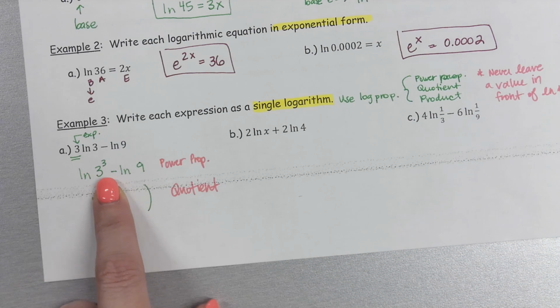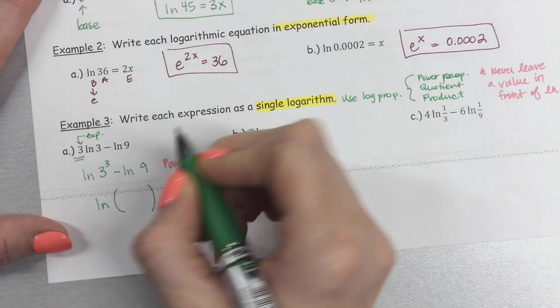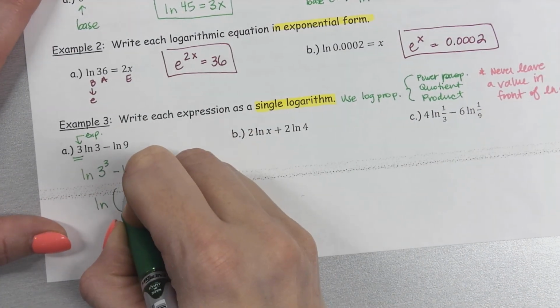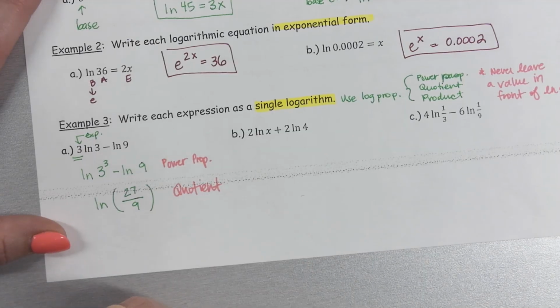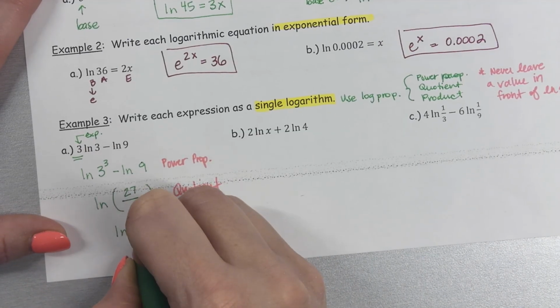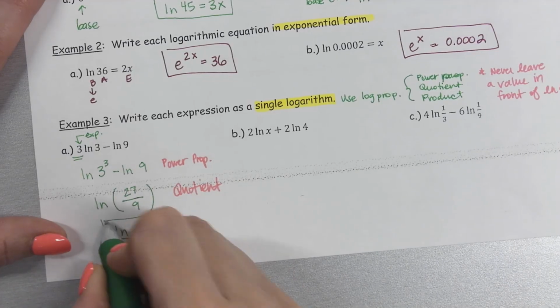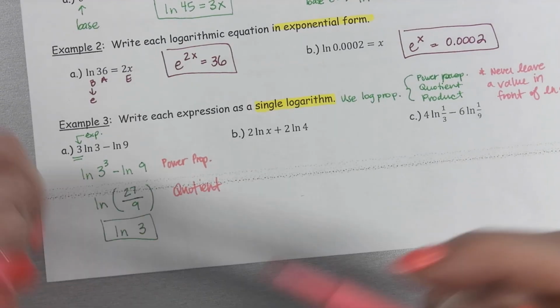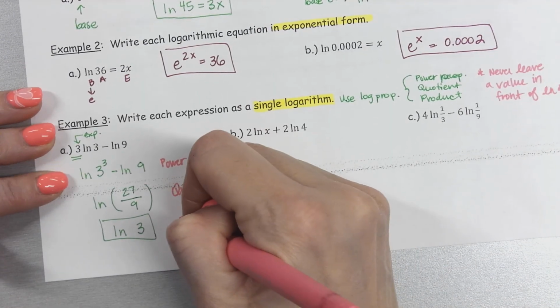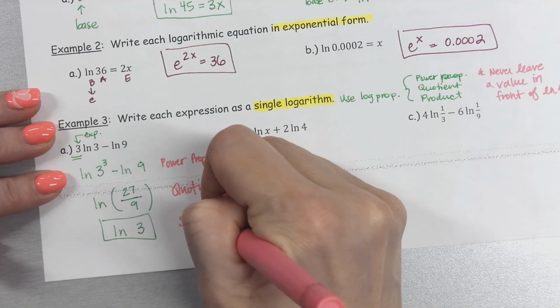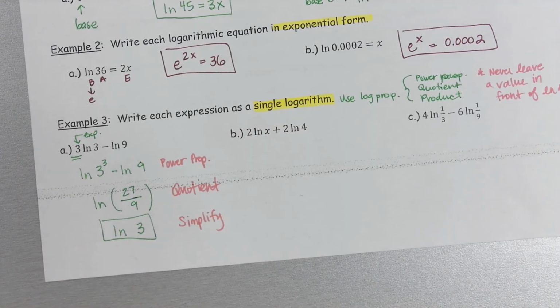Whatever comes first is going to be the numerator. So what's 3 to the third? 27. 27 divided by 9 is 3. Now we have this as a single logarithm, so this is our final answer. You're using the quotient property, and then all we did was simplify. You guys try part B and part C. Do as much as you can for part C without your calculator.